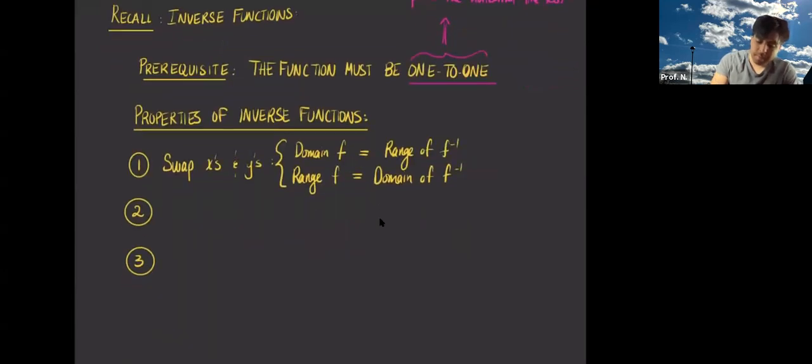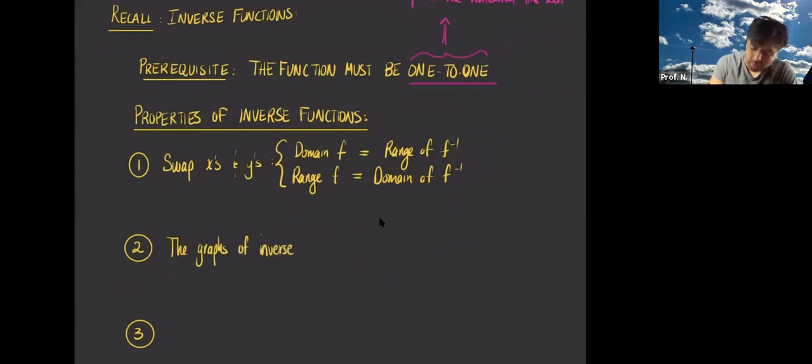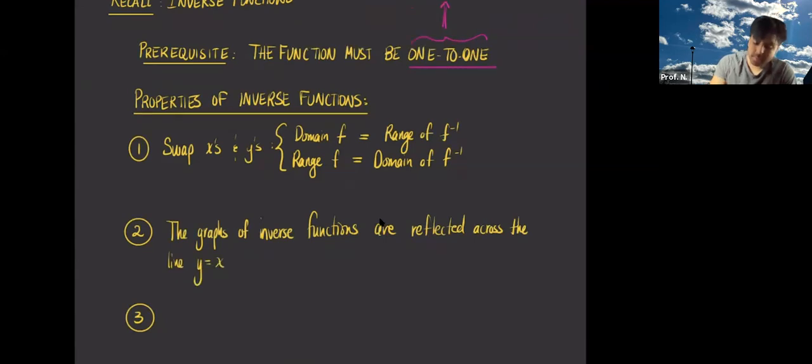Another property is that the graphs of inverses, or of inverse functions, are reflected across the line y equals x.